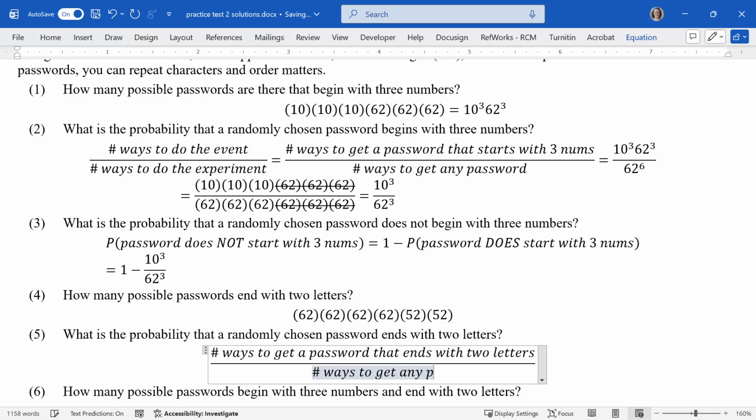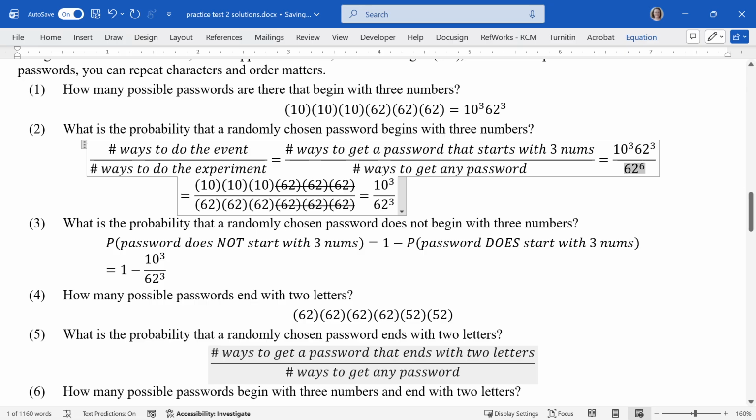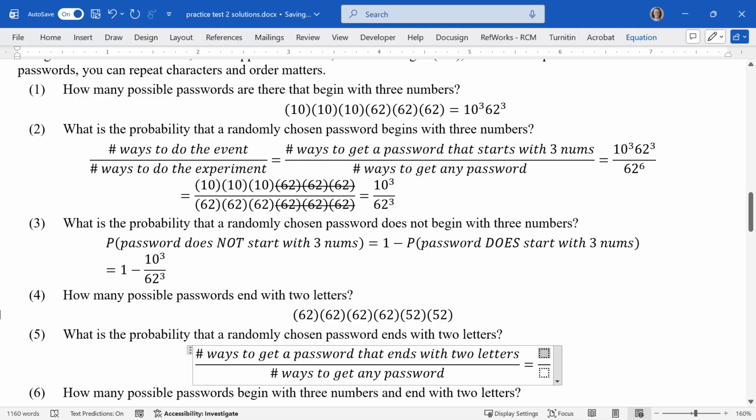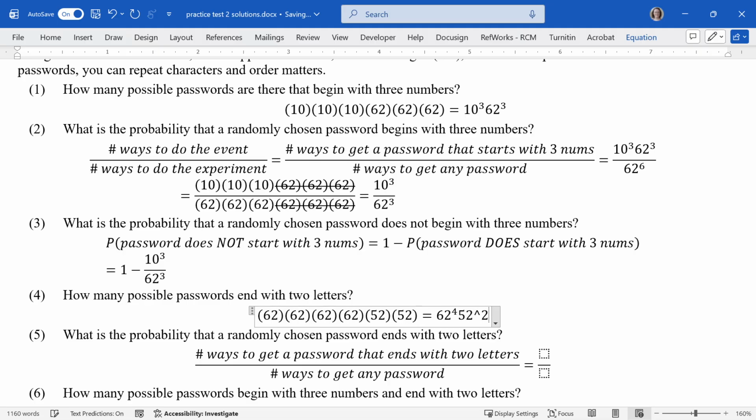Number of ways to get any old password goes on the bottom. So this is going to be the same denominator that we had before, 62 to the 6th. And then the top is going to be the thing we did on the last problem, which is right here. Okay, so this is 62 to the 4th times 52 squared. All right, so that's what goes on the top.